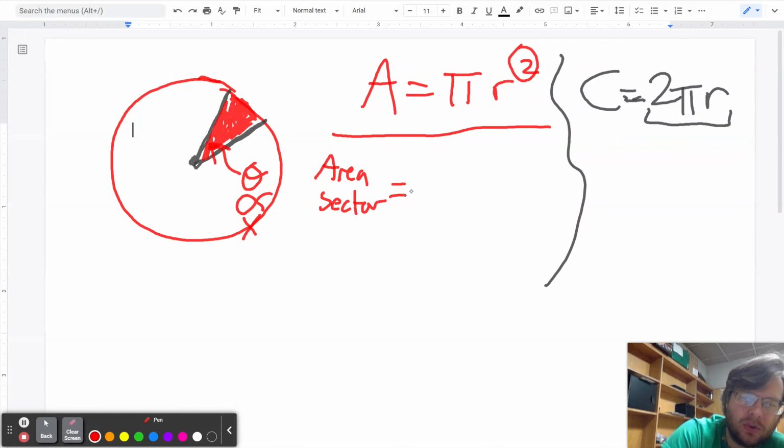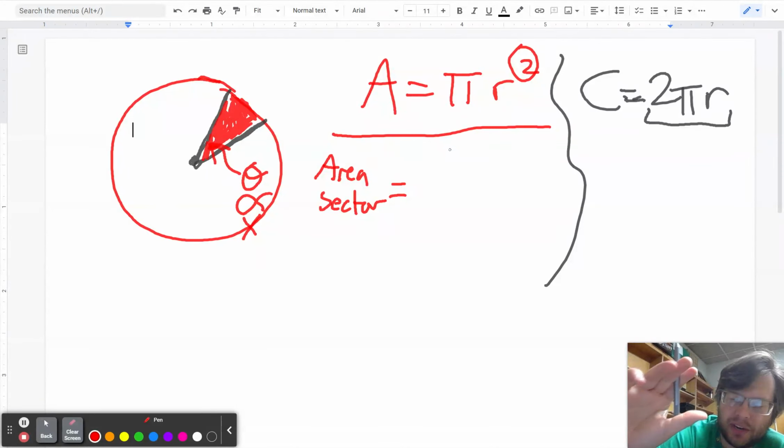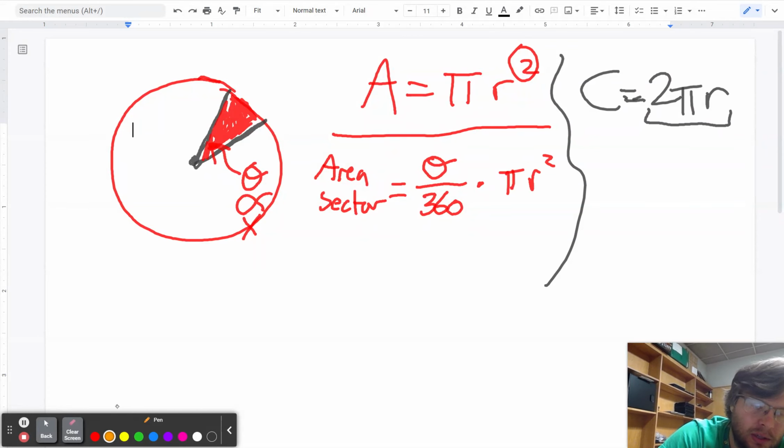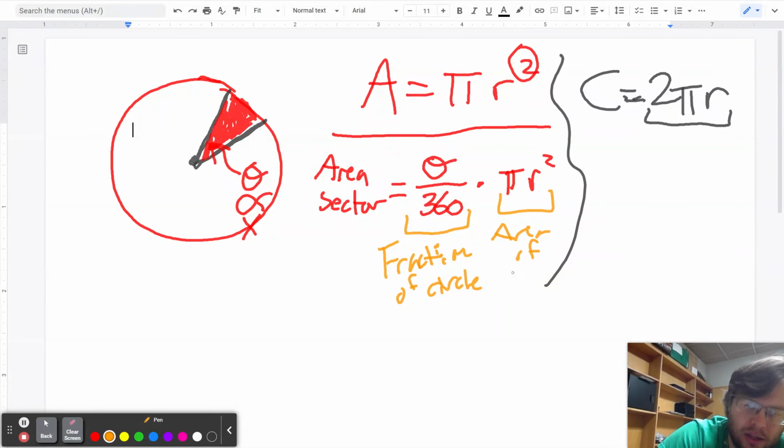So if I want to find the area just of that sector area, I take my same pi r squared, but I look just at the fraction of the circle that is relevant. The fraction of the circle is your angle divided by 360, multiplied by pi r squared. So this is the fraction of a full circle, and this is the area of a circle.